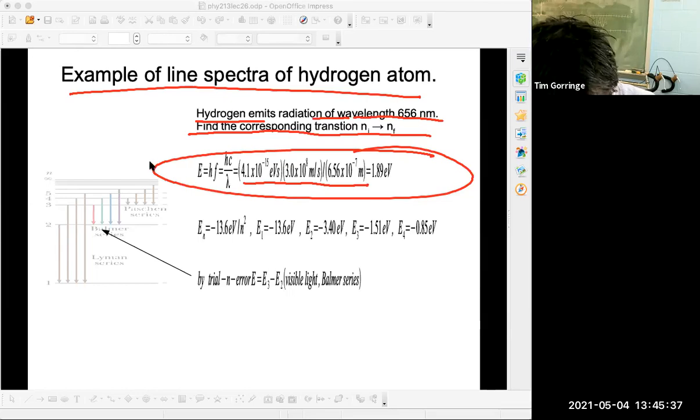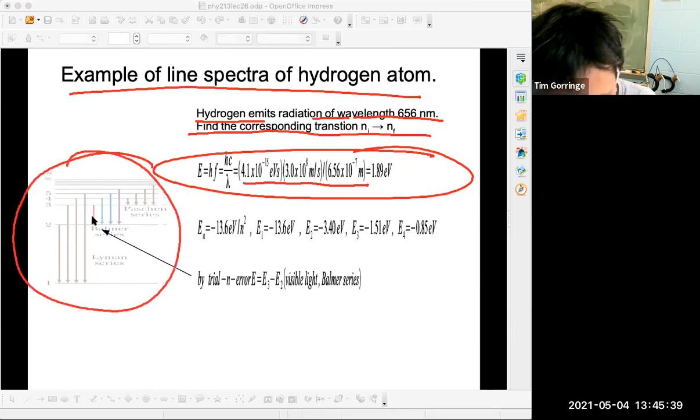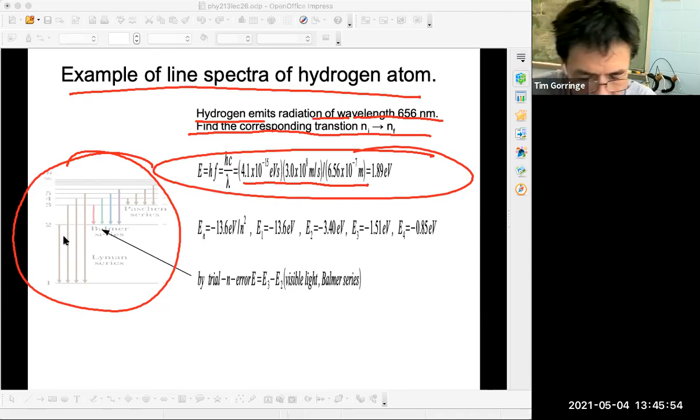And then I can consult my energy level diagram. What levels correspond to a difference of 1.89 electron volts? So I've got to go searching through this energy level diagram.